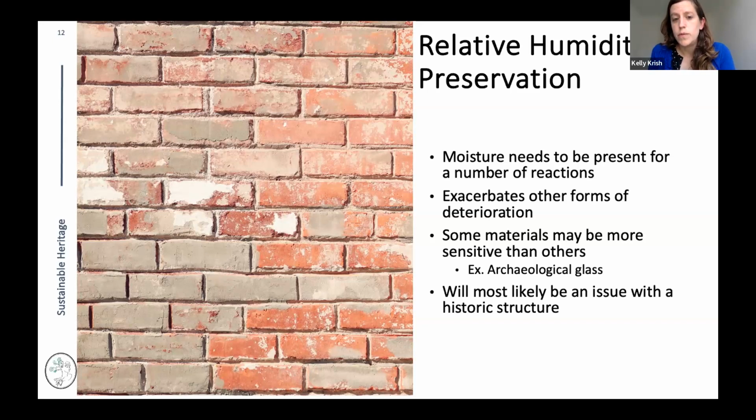And for those of you who might be within an historic structure, controlling relative humidity can be where you might run into issues with balancing the needs of the collection with that of the historic envelope. So if you've ever seen salts forming on the bricks, or if they happen to be painted, it starts to flake off or bubble. That's the moisture moving through that building envelope. If you're humidifying inside and it's dry outside, it's going to try to move towards that outside.